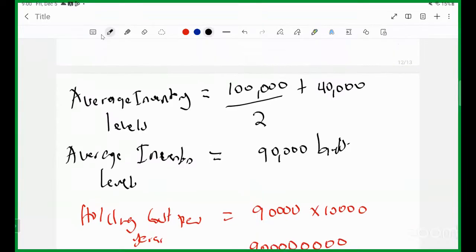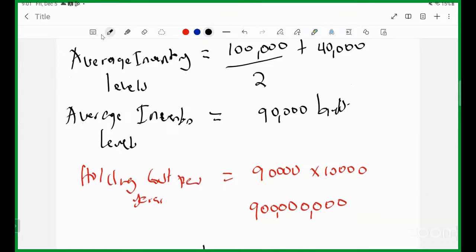It is the quantity they were procuring divided by 2, which is the average, plus the buffer stock. Is that okay? Then when you get that average inventory, multiply it with the holding cost per bird, which is 10,000, and you have your 900 million as the money you incur to keep these birds.